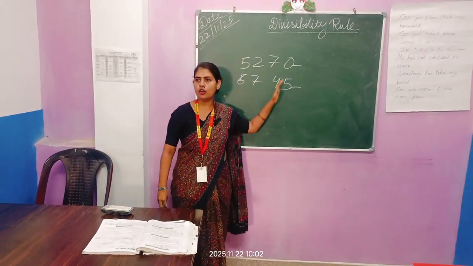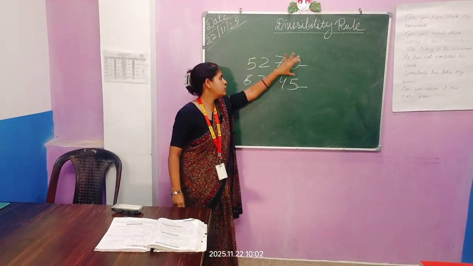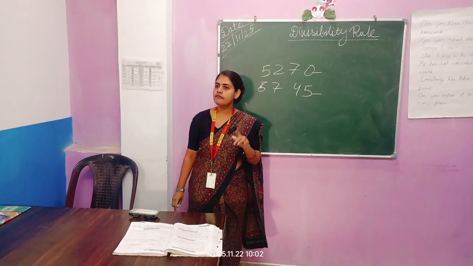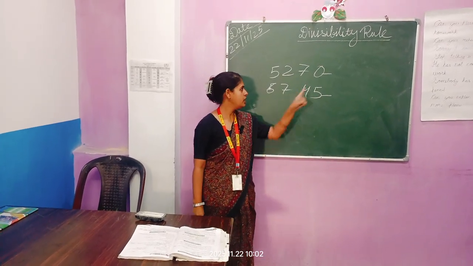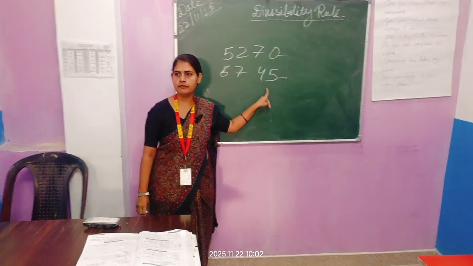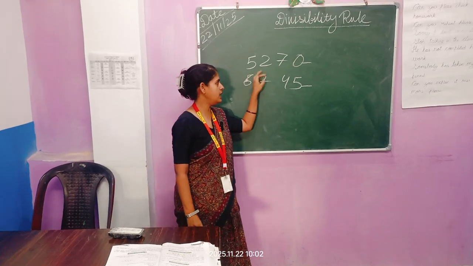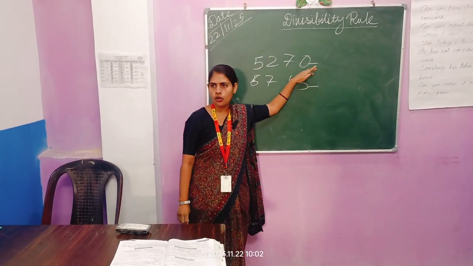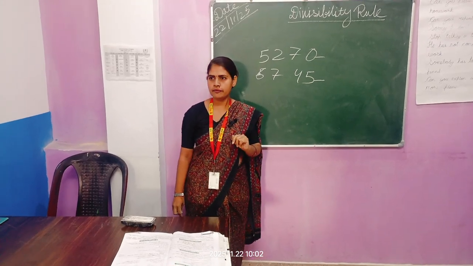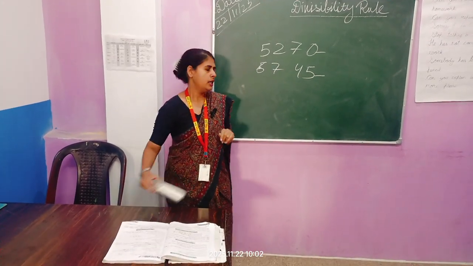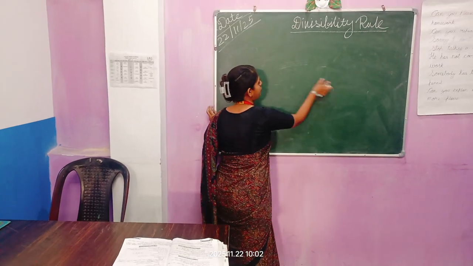If there is 0 or 5, that means this whole number is divisible by 5. You have to check only two numbers, 0 and 5. That's it. If the last digit is 0 or 5, the whole number is divisible by 5.